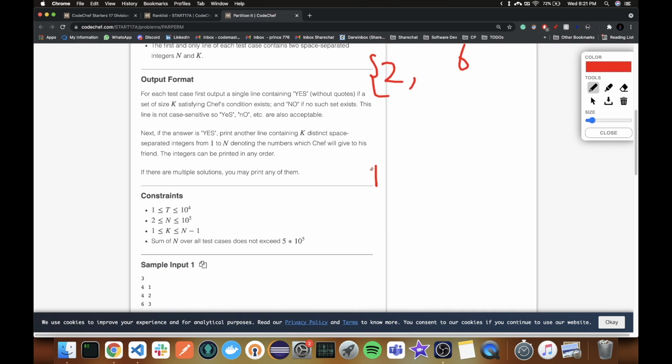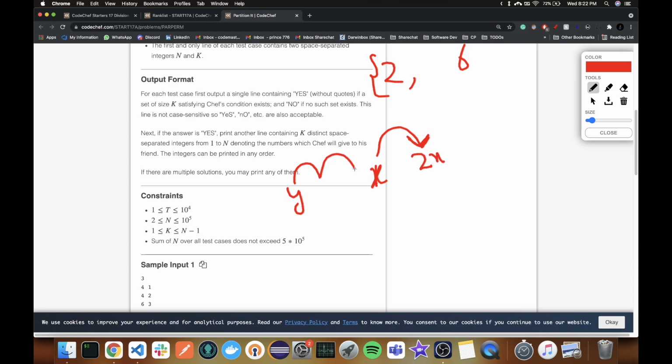Let's say I choose some x, then I choose 2x, and after choosing 2x, the next thing that I'm gonna choose is the GCD of x and 2x, and let's say that is y.